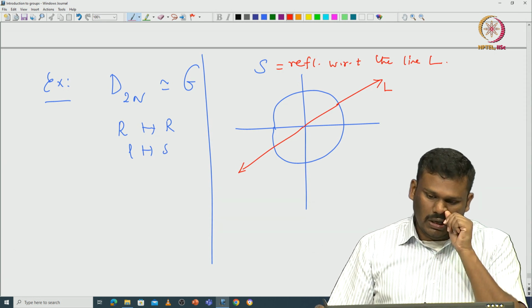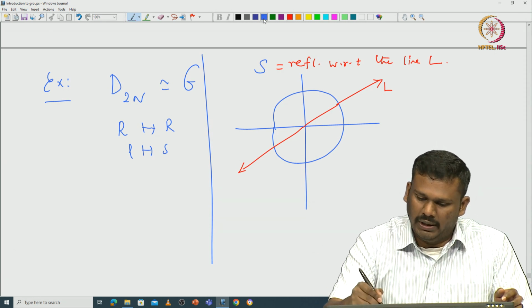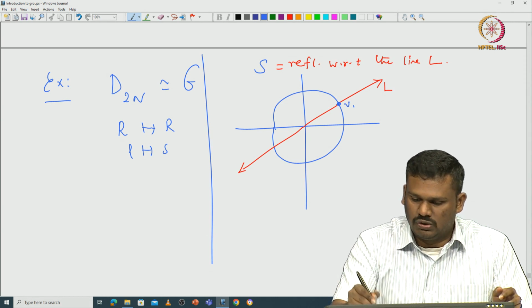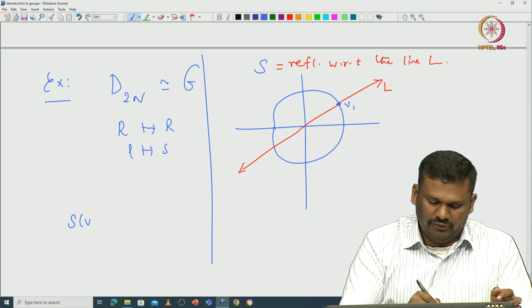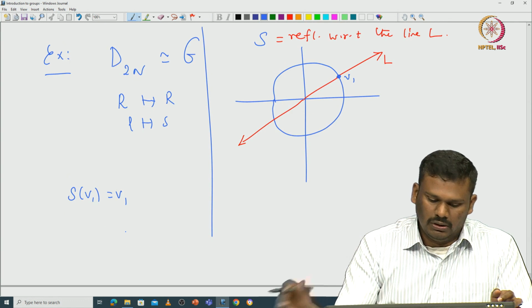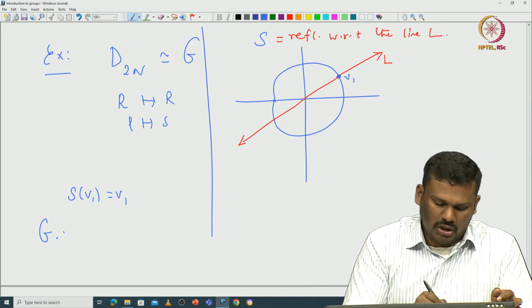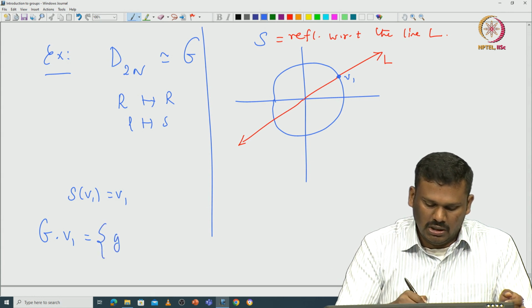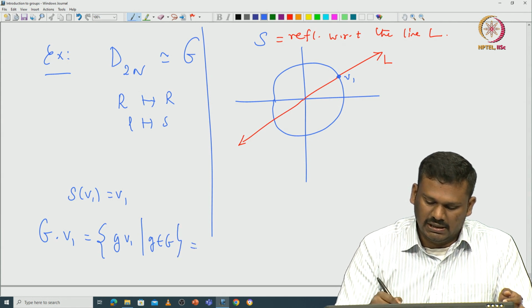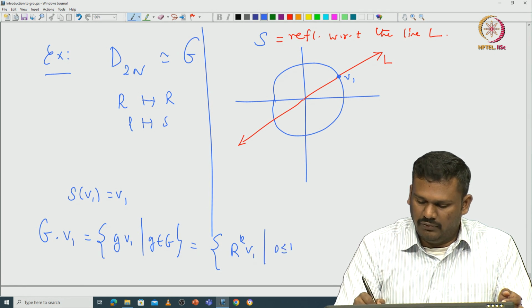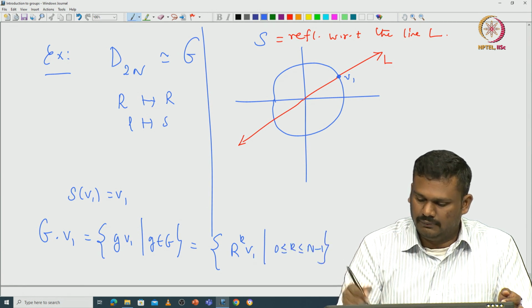Now, if you pick a point on this, call that vertex V1, then S of V1 is V1, okay. Now you want to apply G on V1 and see what happens, for each element g of G. Now you can see that this is going to be r power k V1 where k varies from 0 to n minus 1.